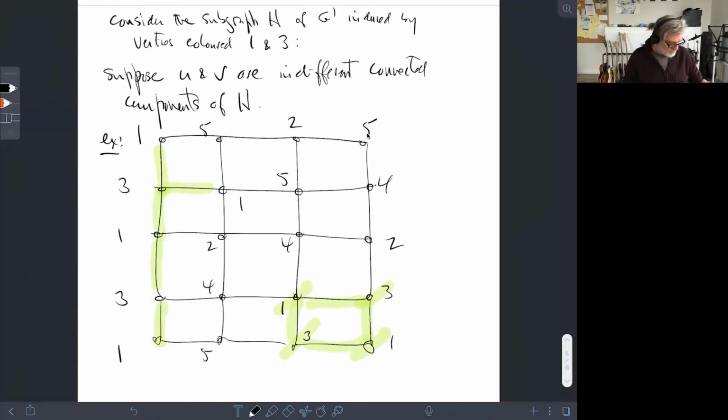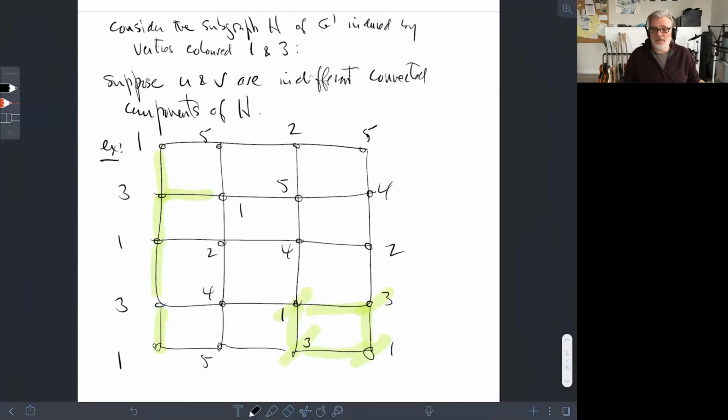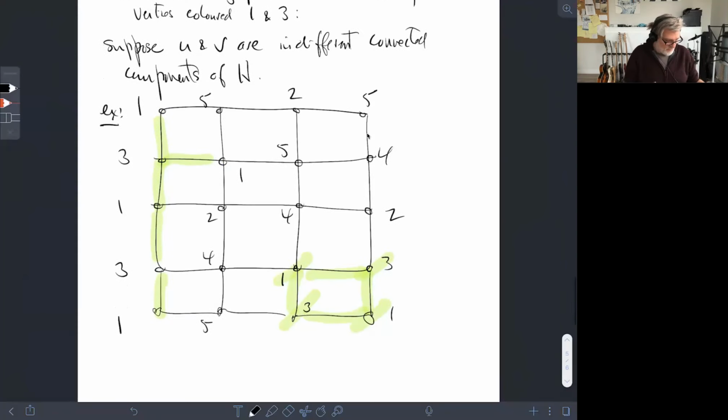Okay, so I'm going to change this coloring, but it's still going to be a valid coloring. So this is the whole trick. Look at this piece here with ones and threes. Exchange the colors 1 and 3. Hopefully you see that if you do this, you still get a proper coloring because it's not going to affect anything.